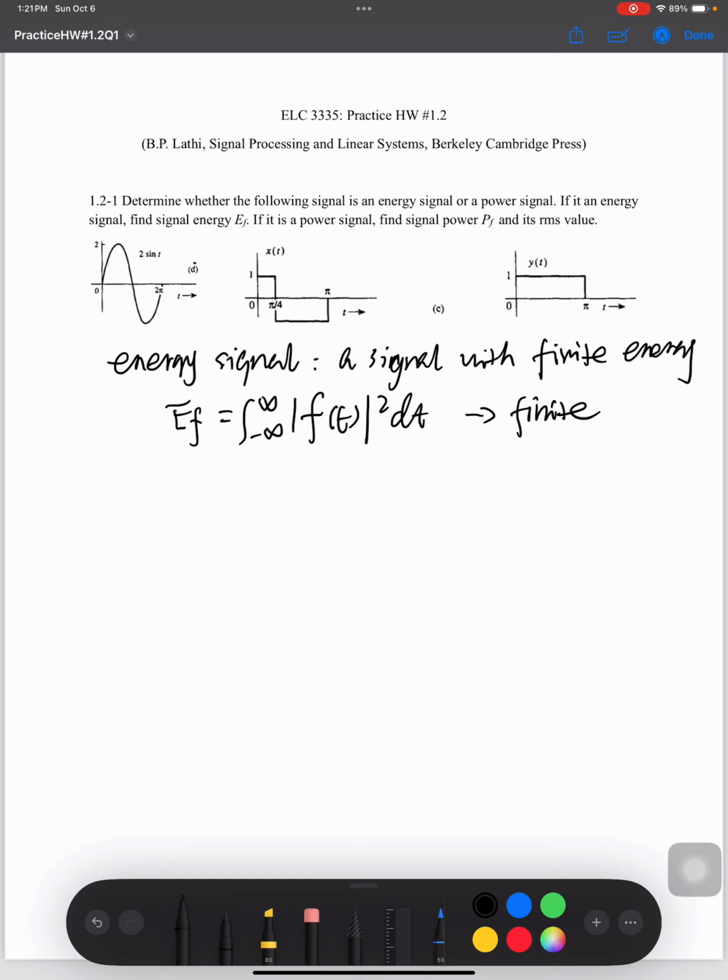And for the power signal, its definition is a signal with finite and non-zero power.